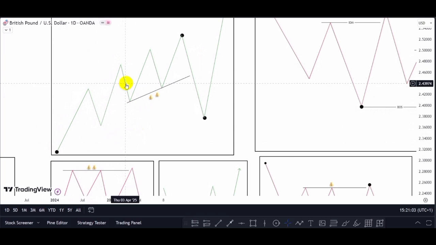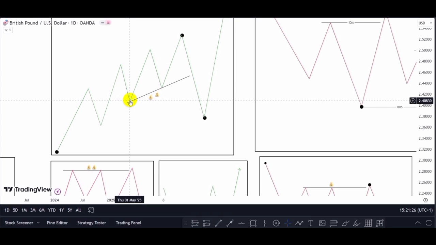But price came to the downside without raiding this inducement resting here, because the structure formed before the break of a swing point is our inducement. So the inducement transferred from this low to this low here. And then you can see price went further to the upside, and then we have this return without coming to raid this low point.